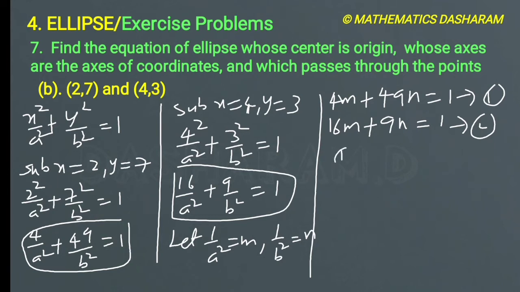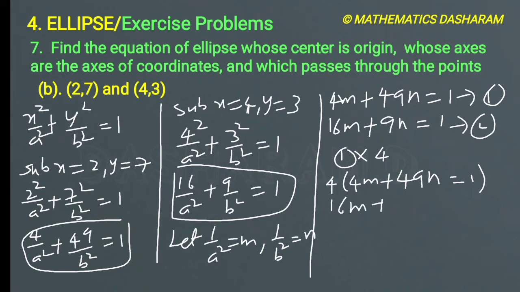So that is why equation 1 multiply with 4. So 4 bracket of 4m plus 49n equals to 1. 4 4s are 16m, 4 9s are 36, 3 carry, 4 4s are 16 plus 3, 19, 4 into 1 is 4, equation 3.